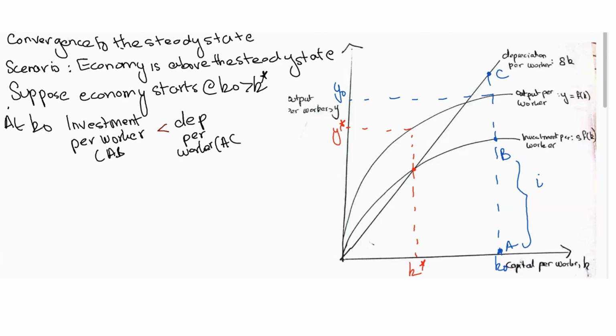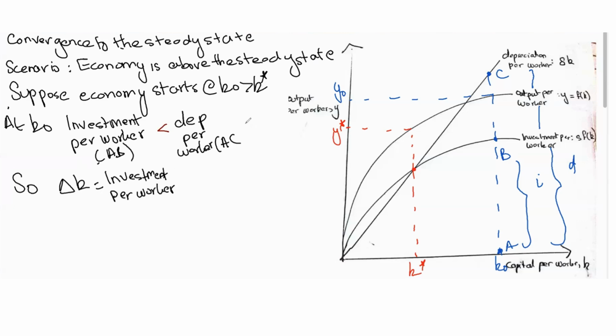So basically, this all is depreciation per worker, that goes from A to C. So the change in capital per worker, delta k, is investment per worker, which is AB, minus depreciation per worker, which is less than 0.